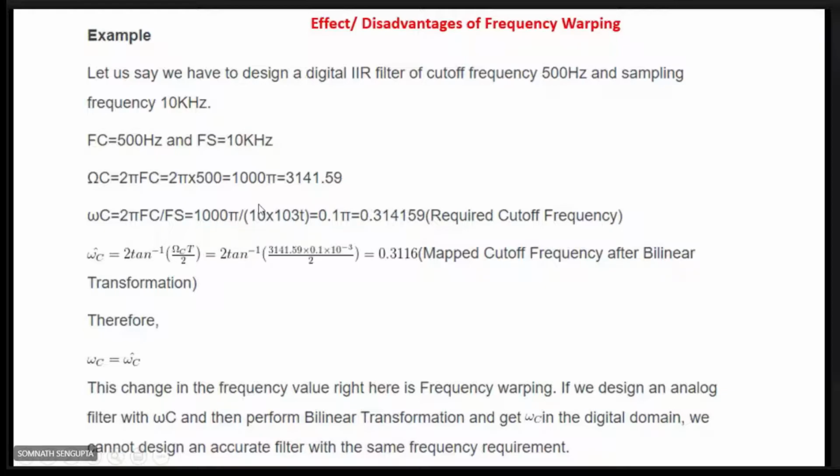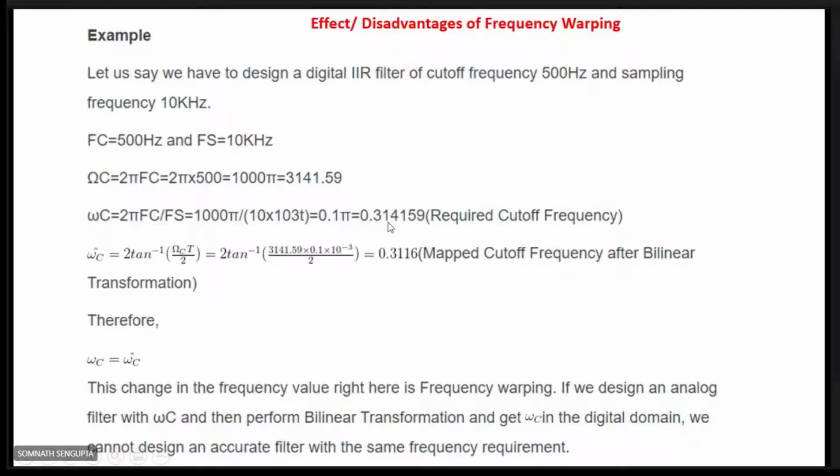So you see that this is the required cutoff frequency according to the linear relation between analog frequency and digital frequency. Now you see the difference. This is the analog frequency in radians, 3141, and the digital frequency in radians is 0.314.